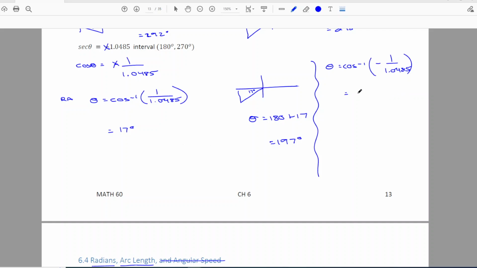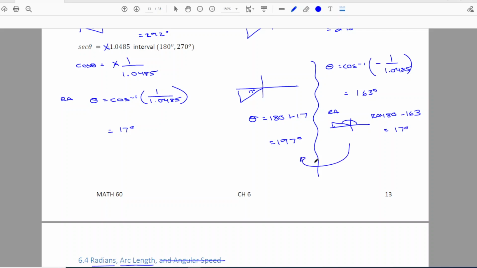And that gives me 163 degrees. Then I'd have to find the reference angle, right? The reference angle would be 180 minus the 163, which is still going to give you 17 degrees, and then you would put it in quadrant 3.